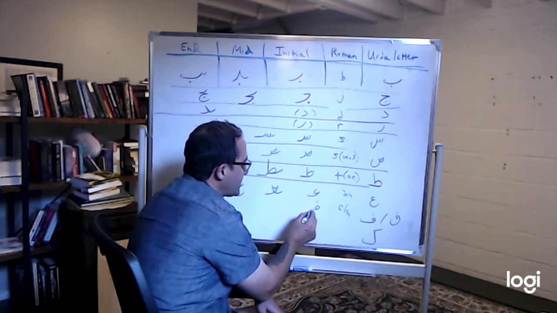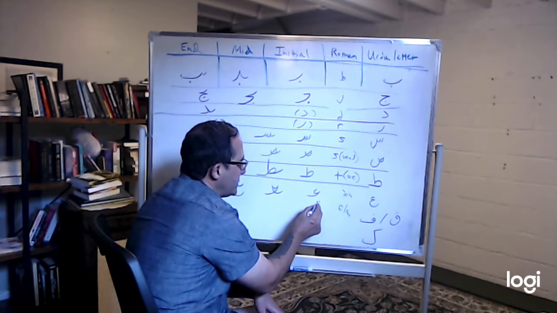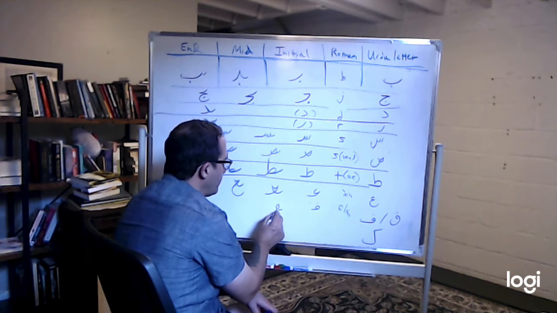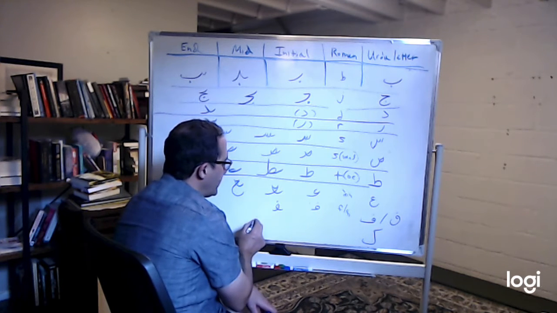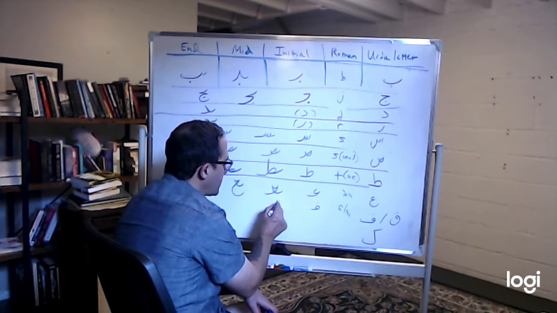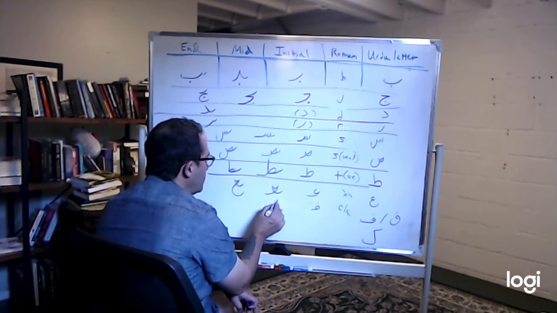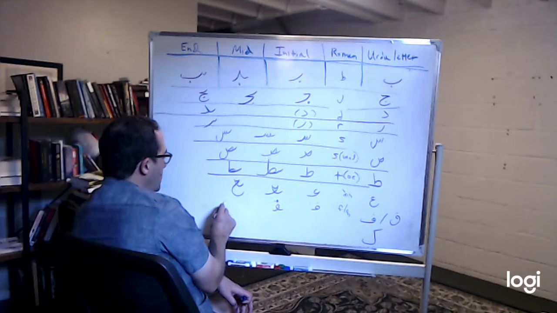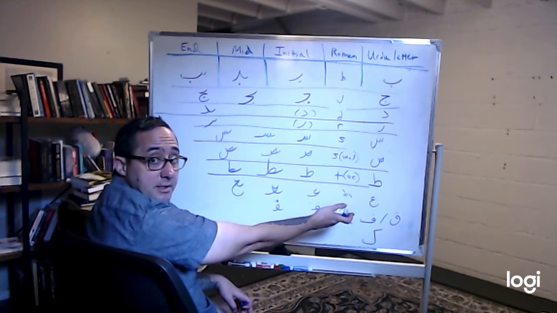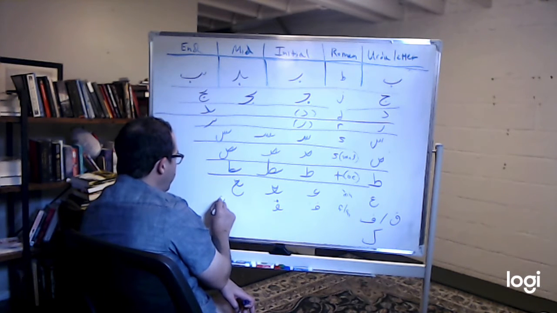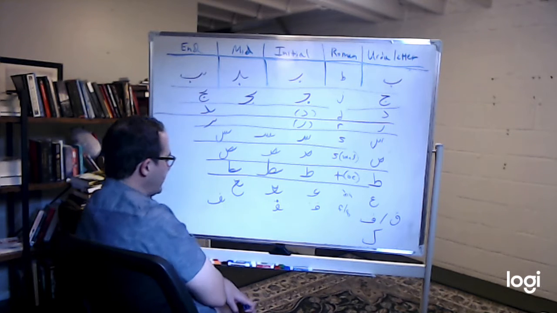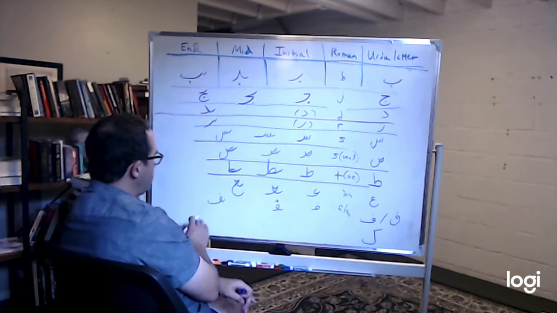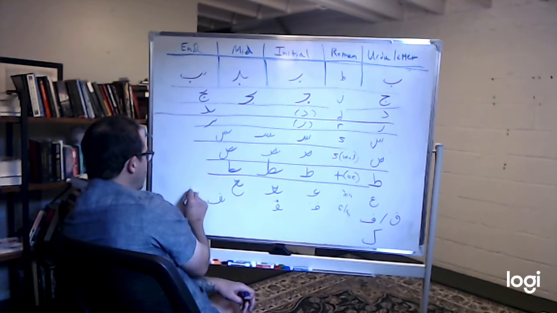So fa and qa both look like this except they have different dots. In the middle, same thing: a loop with a dot for fa, 2 dots for qa. And at the end, you end in the formation that it is. If it's an F, it ends in an F like that. If it's a Q, it comes in and ends like a Q.